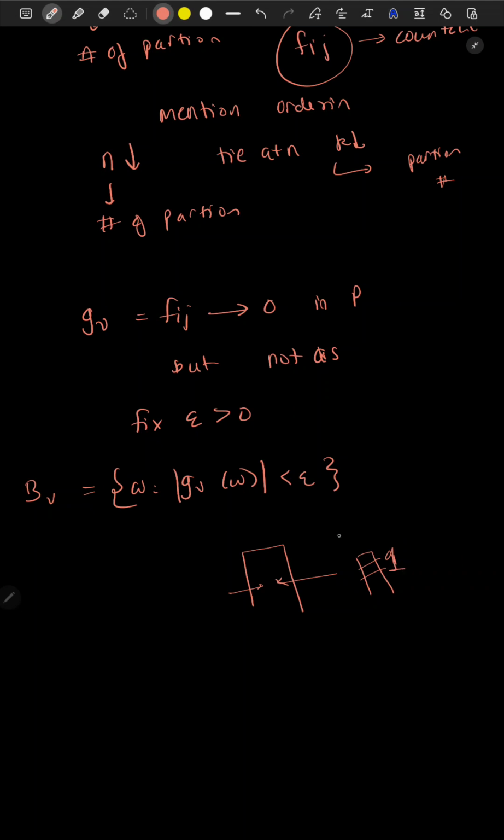The measure of the set B_v, the width, if you partition into 1 by n, so 1 by v, I can choose v large enough to make it less than epsilon. Sorry, I misspoke: on this interval it will always be greater than epsilon, but the width will get subsequently smaller, so this measure will be 1 by v, and hence in the limit this will tend to 0.